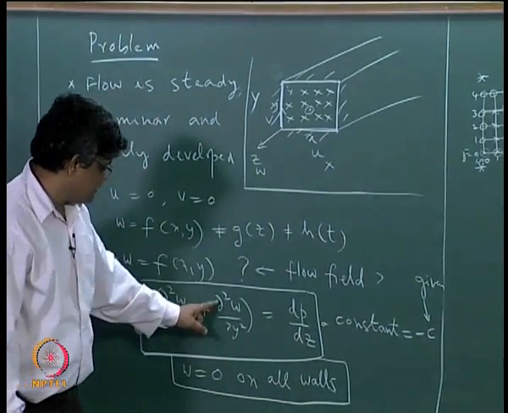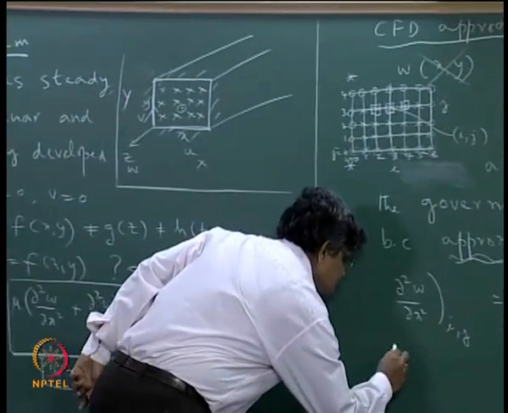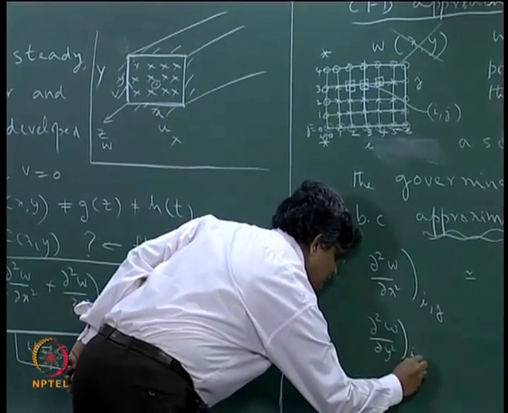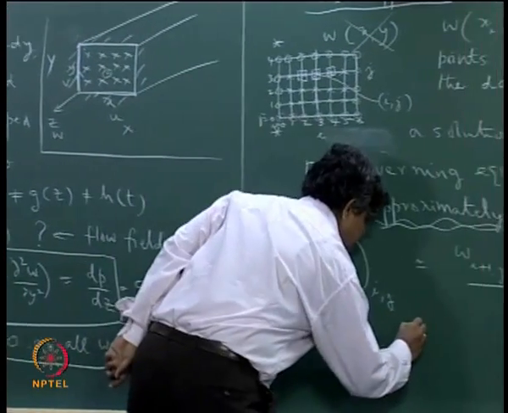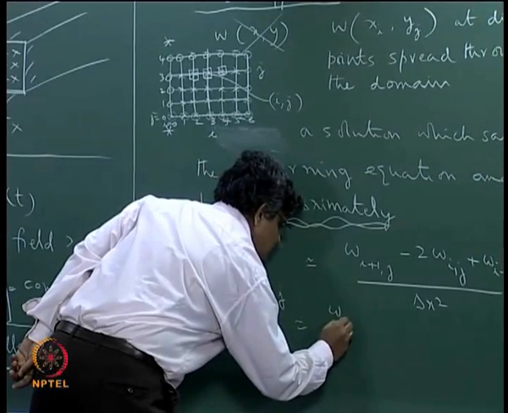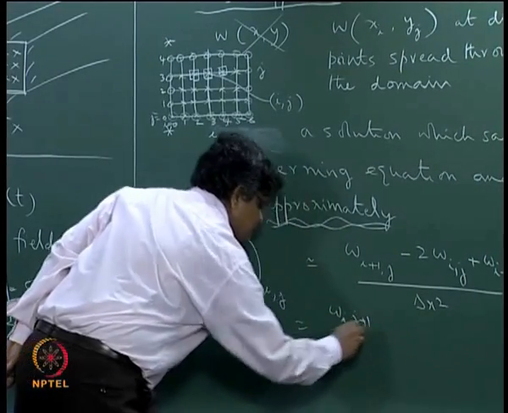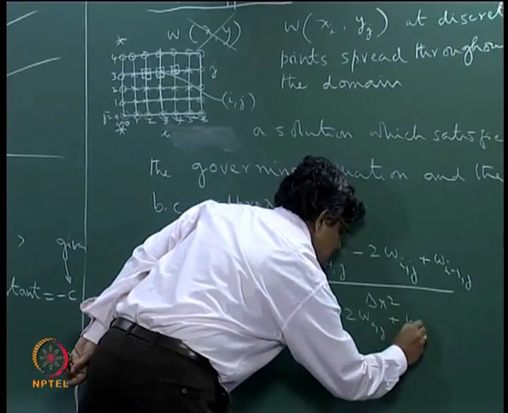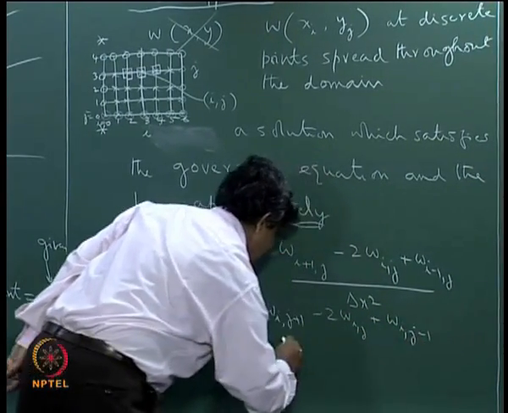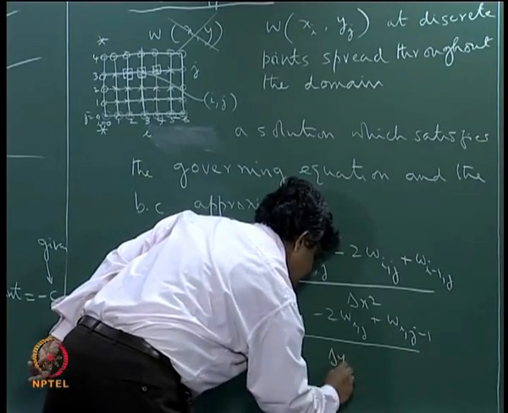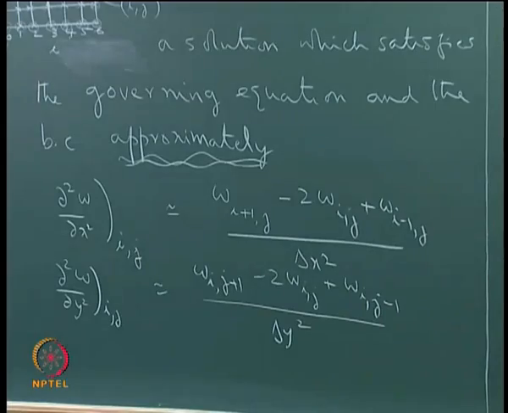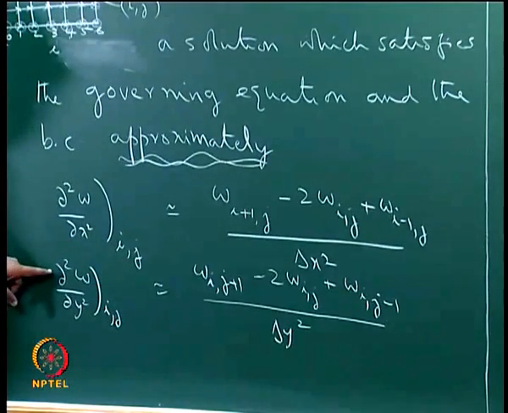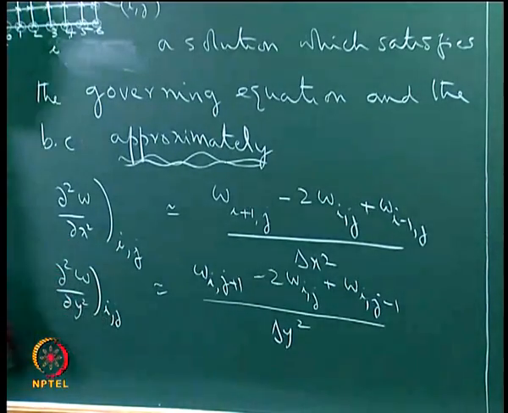Similarly, we can write another approximation for dou square w by dou y square at the same point i comma j as w i, j plus 1 minus 2 w i, j plus w i, j minus 1, divided by delta y square. This again is an approximate formula for dou square w by dou y square at i comma j.